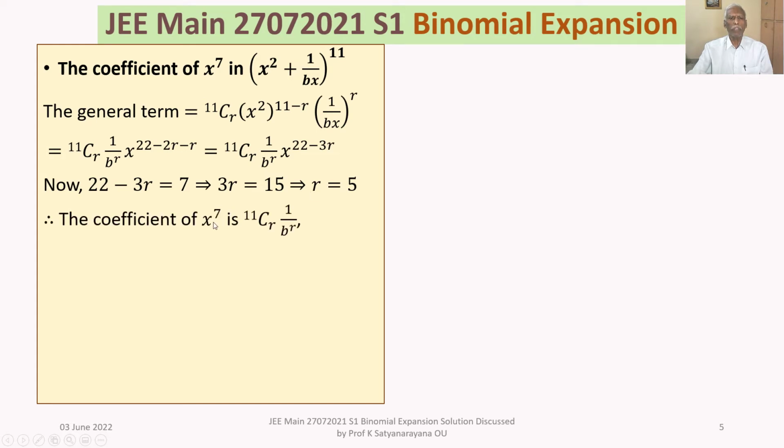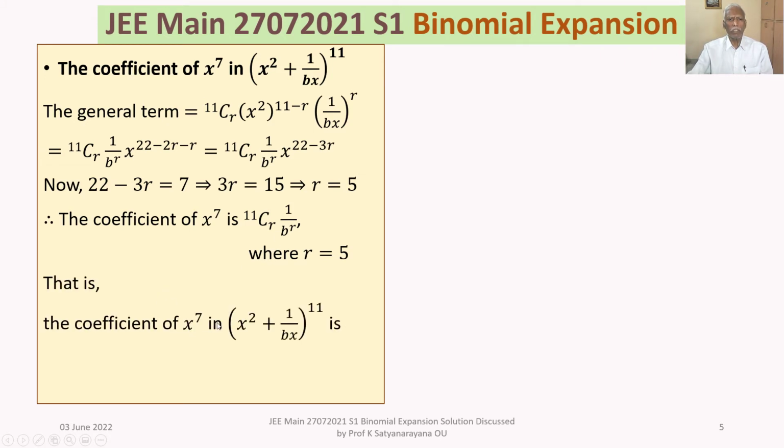Therefore, the coefficient of x to the power of 7 in the expansion (x square plus 1 by bx) to the power of 11 is 11Cr, r is 5, 11C5 into 1 by b power 5, that is b power minus 5.